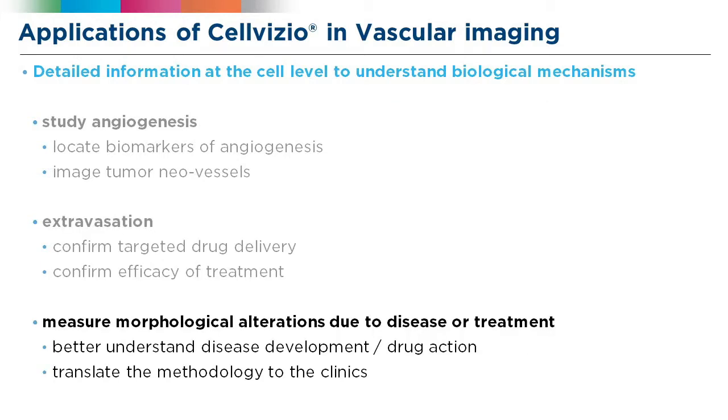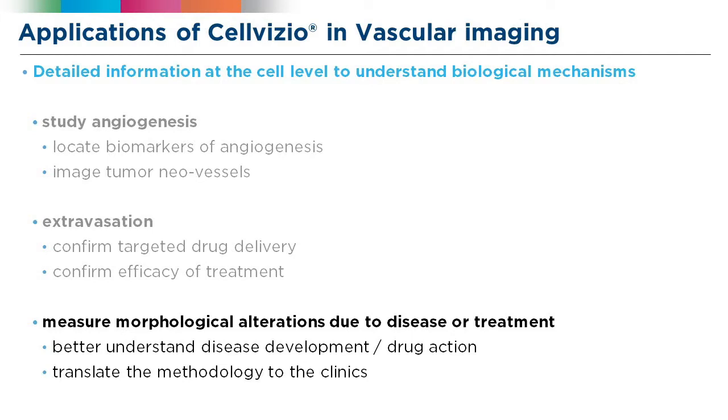Another way to look at vasculature using Cellvizio is to measure some morphological alterations that are due to disease development or due to treatment that you are applying. And measuring this morphological alteration helps you better understand the development of the disease or the action of a drug.